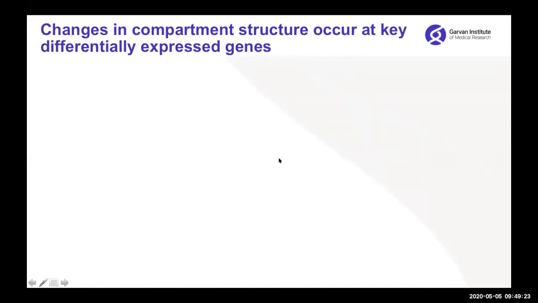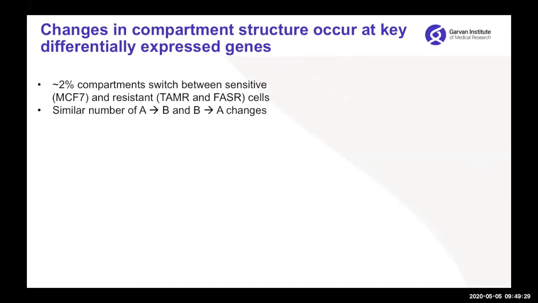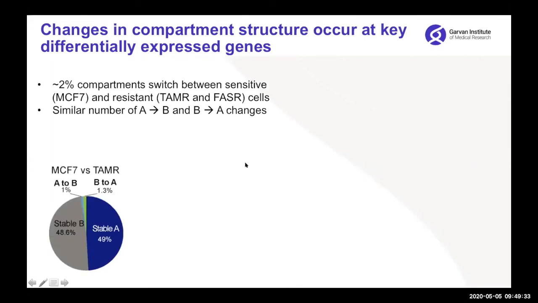So we looked at the association between compartment changes and differentially expressed genes. So we found that around 2% of compartments switch between either from A to B or B to A between the sensitive and resistant TAMAR and FASR cells. And we actually saw similar number of A to B and B to A changes in the resistant genomes.